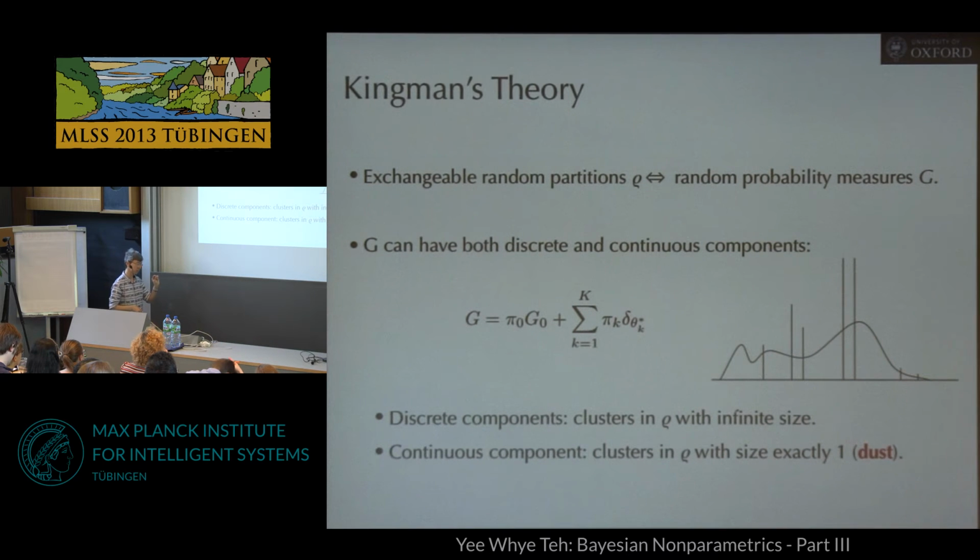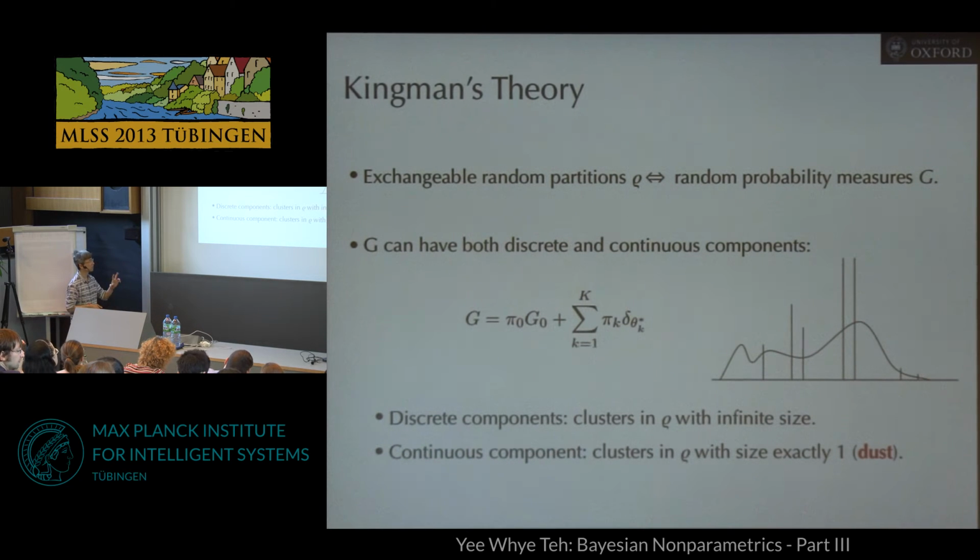It turns out that if you have an exchangeable random partition, then the sizes of the clusters have to be either unbounded or infinite, or have exactly one element in them. You cannot have an exchangeable random partition where one of the clusters has a finite size when the number of items goes to infinity.